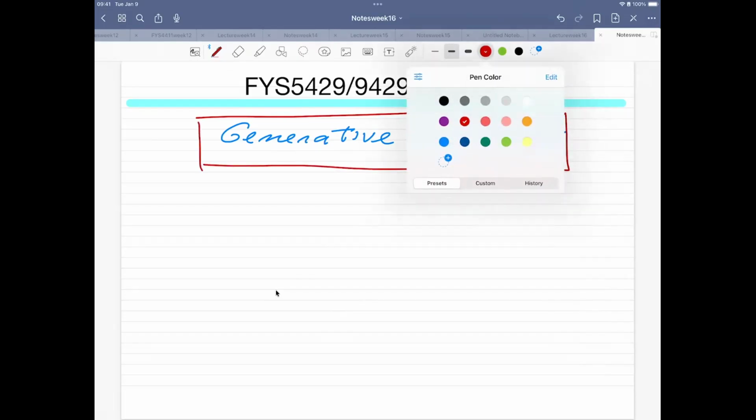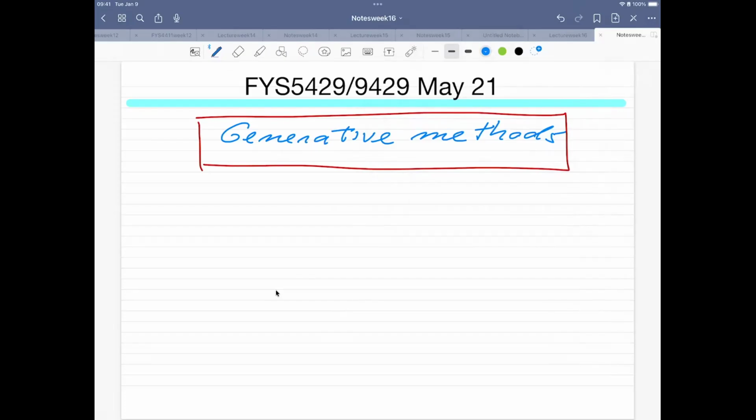So we have one big set of methods where we deal with the probability distribution in an explicit way. So let me just write this as explicit. So that means that we are then able to set up a probability distribution.